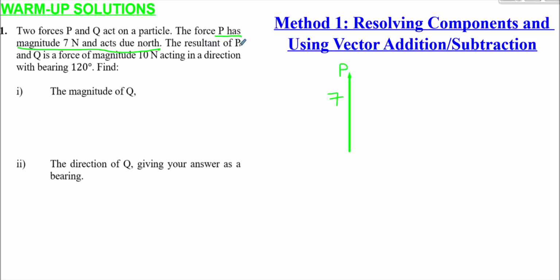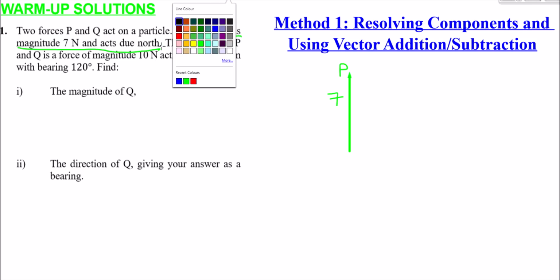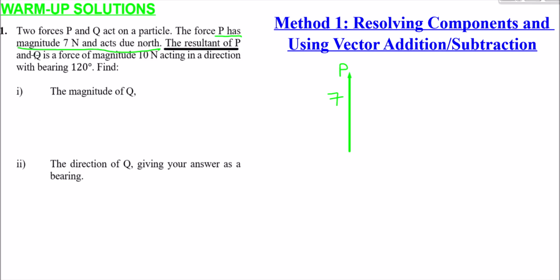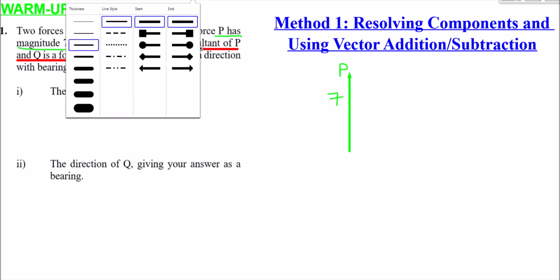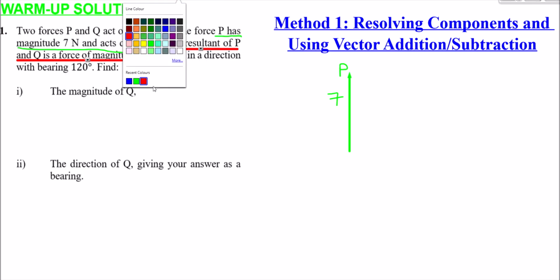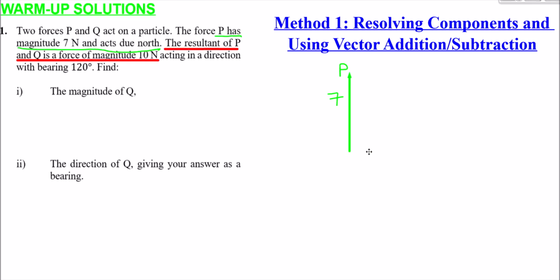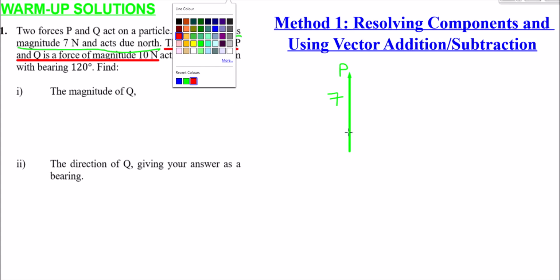We're also told about this resultant. So the resultant I'm going to draw in red. The resultant of these forces is a force of 10 newtons and acts in a direction with bearing 120. So if we label this on now, we should see that it's going to be a line which is a bit longer than this P, obviously, and it's going to be acting slightly downwards because of its bearing of 120.